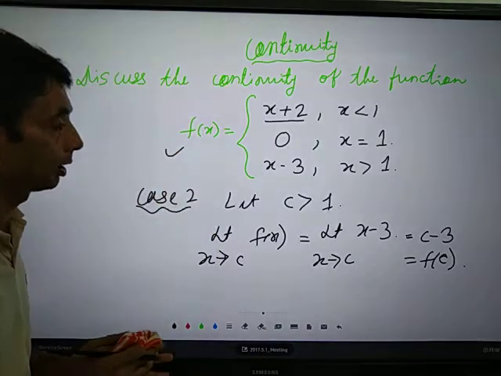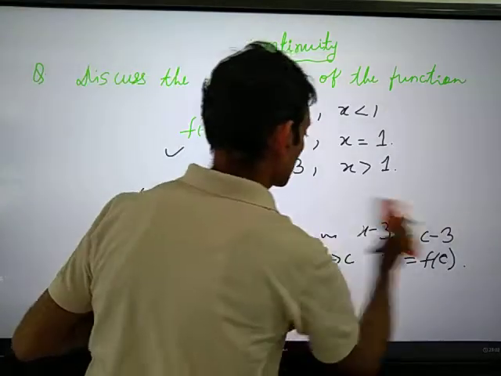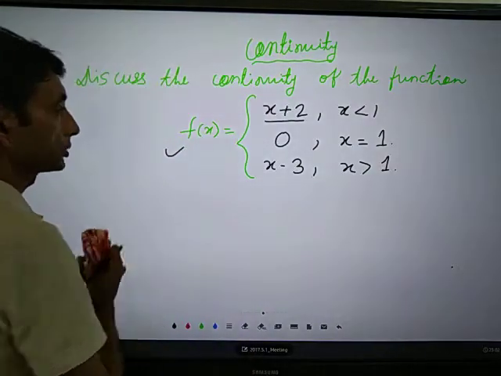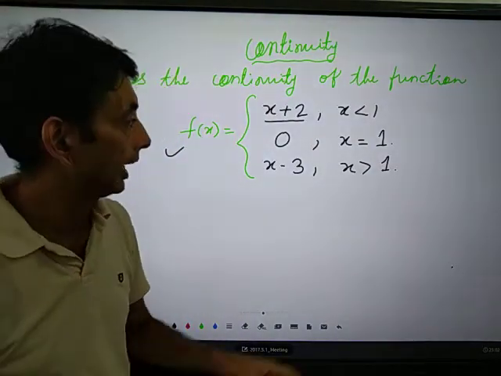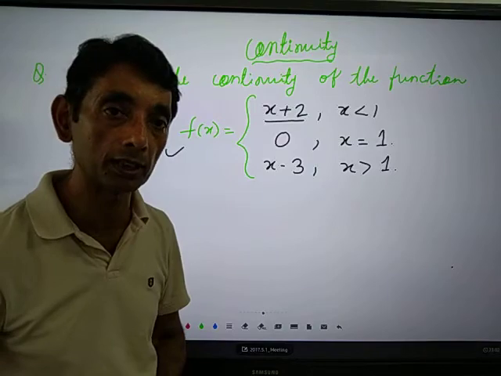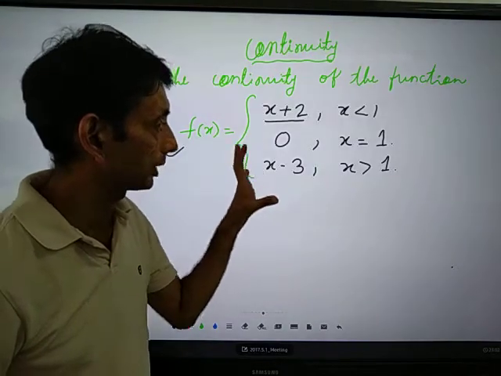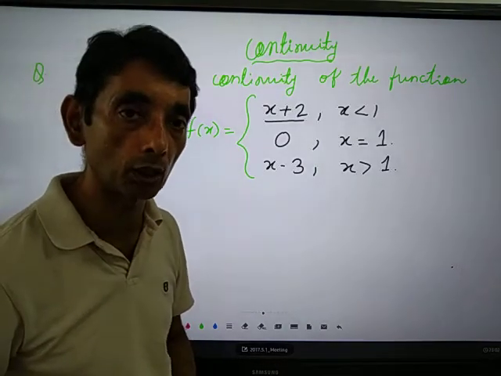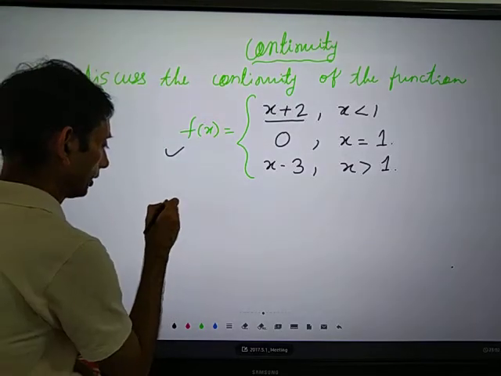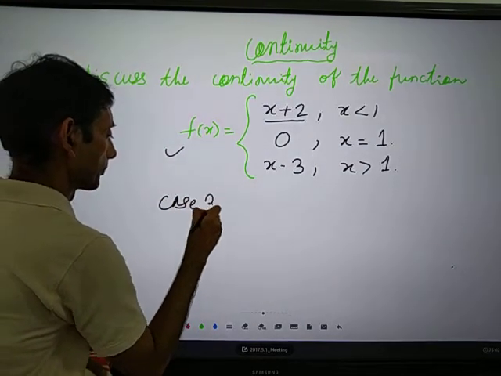Now the third step, that is case 3. We need to check the continuity of the function at x equal to 1. Let's see whether the function becomes continuous at x equal to 1 or not. This will be case 3.